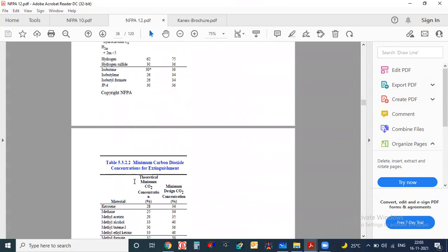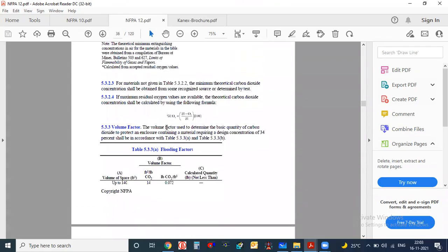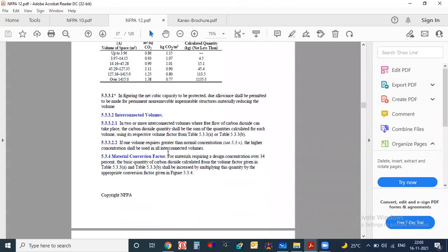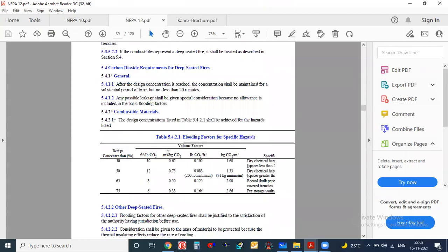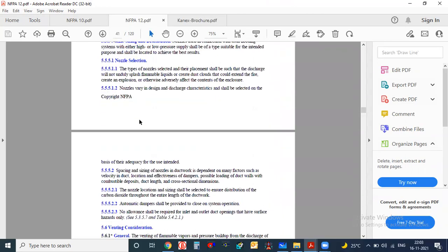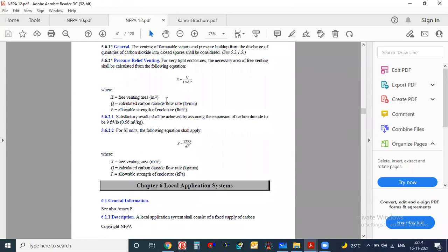Those things are given. I think this book is almost helpful for the manufacturer side only, because till now we have not come across any important things. Apart from this, some formulas and pressure relief calculations are given here, like maybe near the knob side, pressure relief to maintain the pressure.